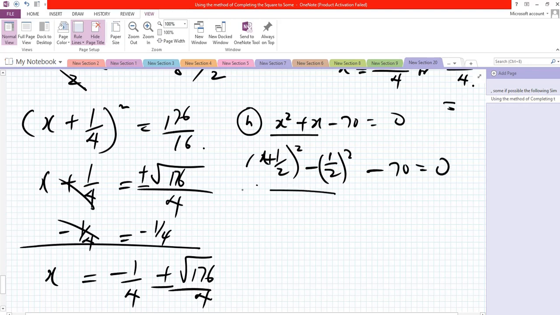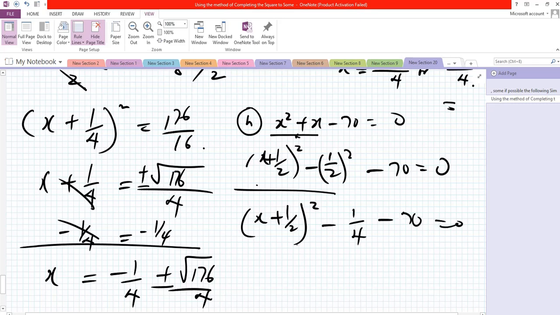So this is a complete square of this. Now we have x plus 1 over 2 all squared minus 1 over 4 minus 70 equal to 0.